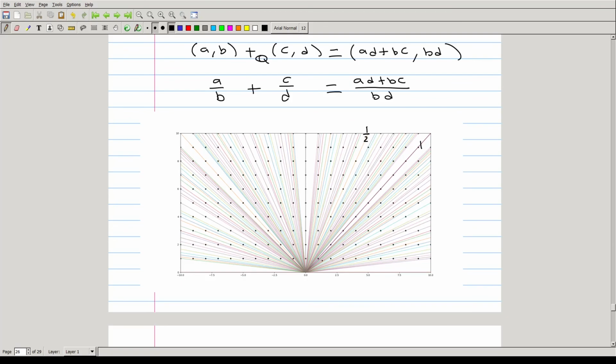This equivalence class is equivalent to the rational number 2 over 1, and so on and so forth. This is a very nice picture illustrating this idea and exactly what we've done. And it provides a formal basis now for discussing the rational numbers.